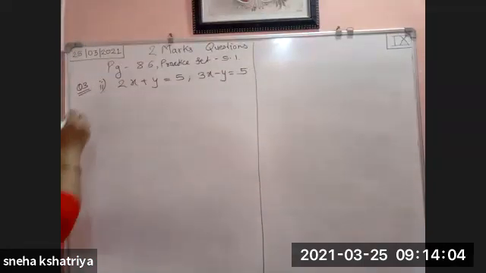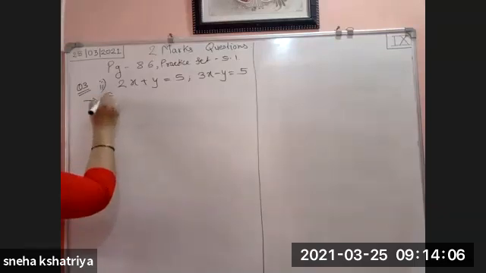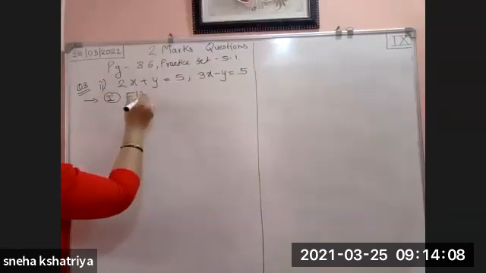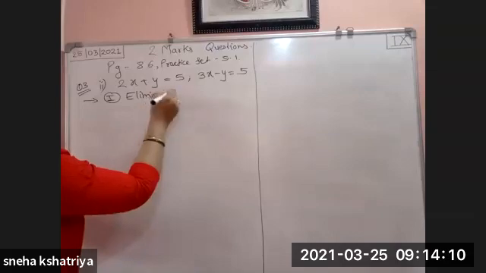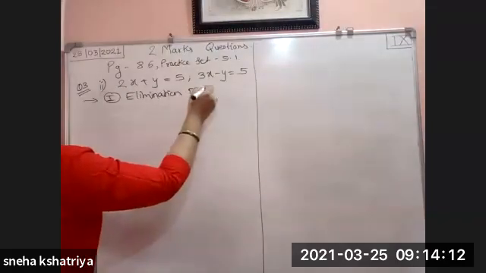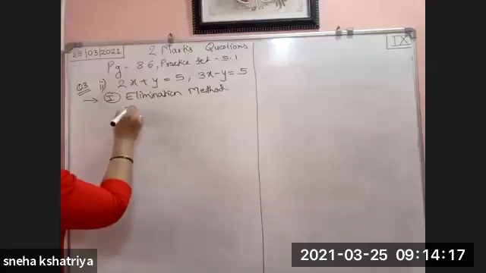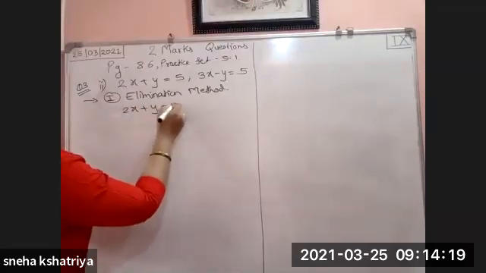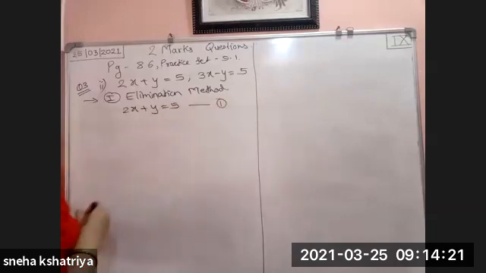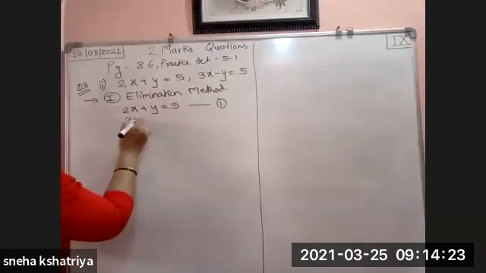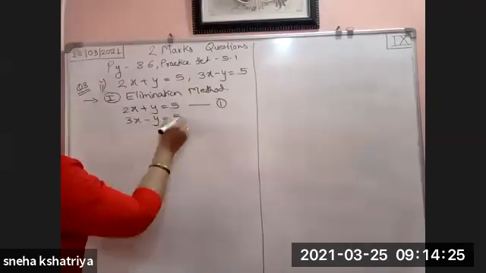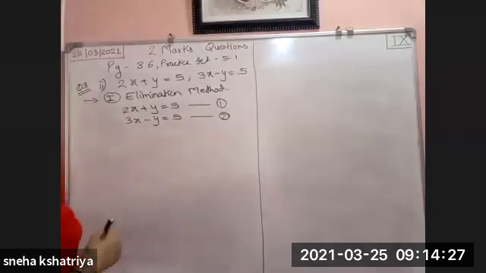So first we will use the elimination method. Write it down here, elimination method. Write down the equations. 2x plus y is equal to 5, say it as equation number 1. Then 3x minus y is equal to 5, say it as equation number 2.